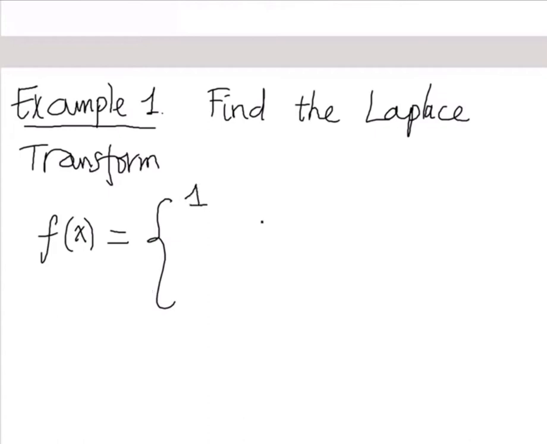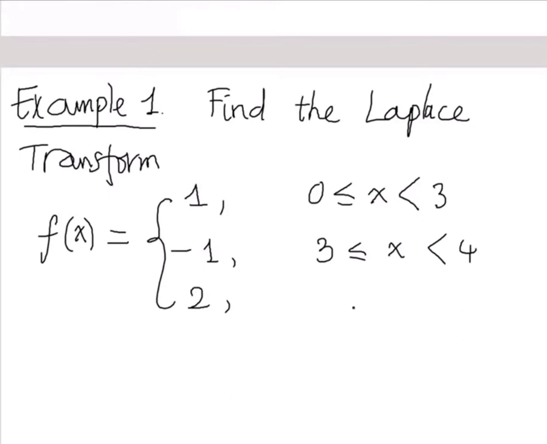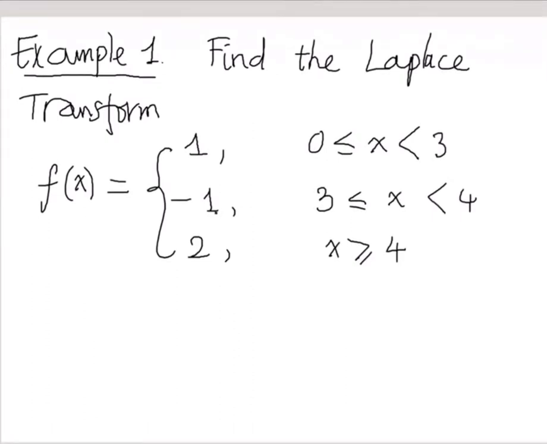Let's say 1 for x between 0 and 3, and then -1 for x between 3 and 4, and lastly 2 for x bigger than or equal to 4. This is a piecewise defined function, or step function. It has 3 different formulas.